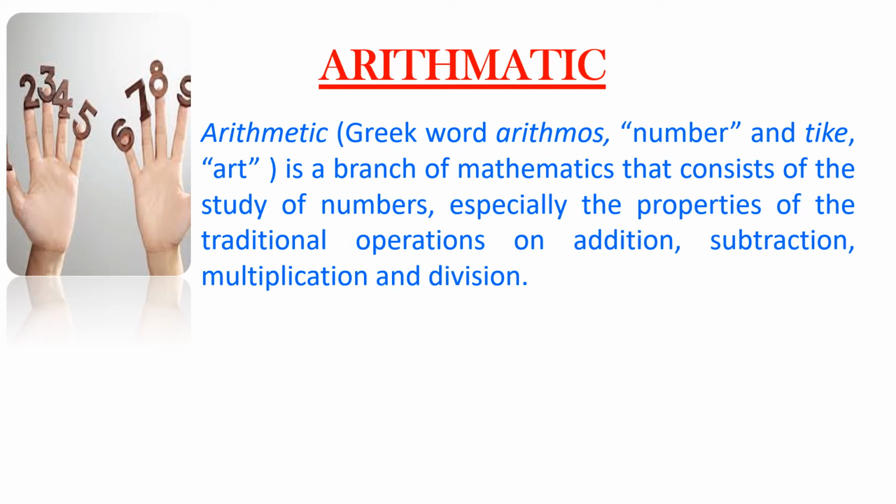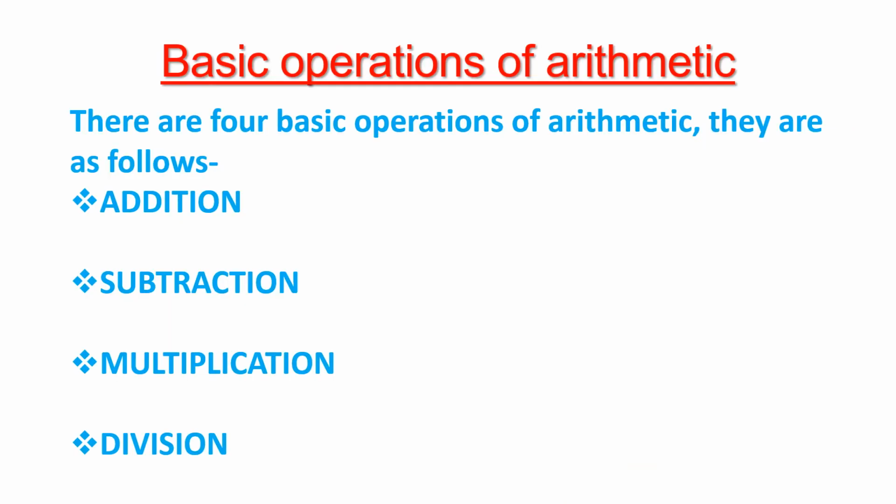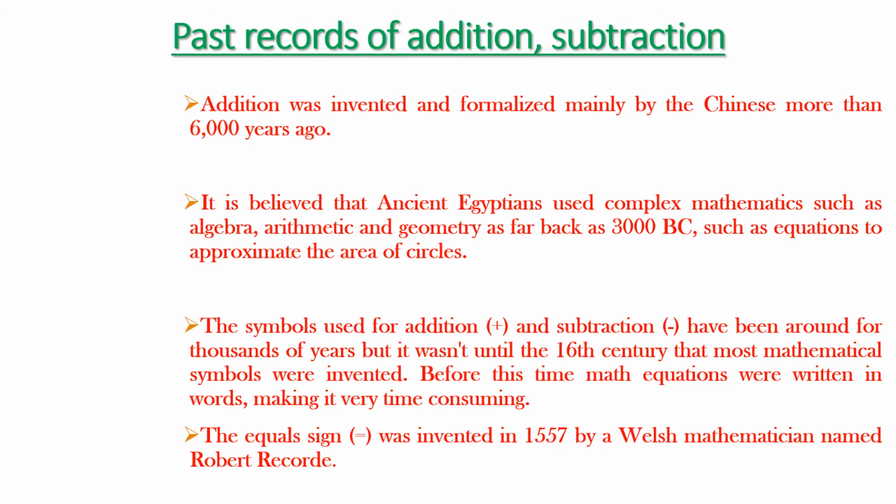So basically arithmetic is a branch of mathematics that consists of the study of numbers, especially the properties of the traditional operations of addition, subtraction, multiplication and division. These are the four basic operations that we will study: addition, subtraction, multiplication and division.